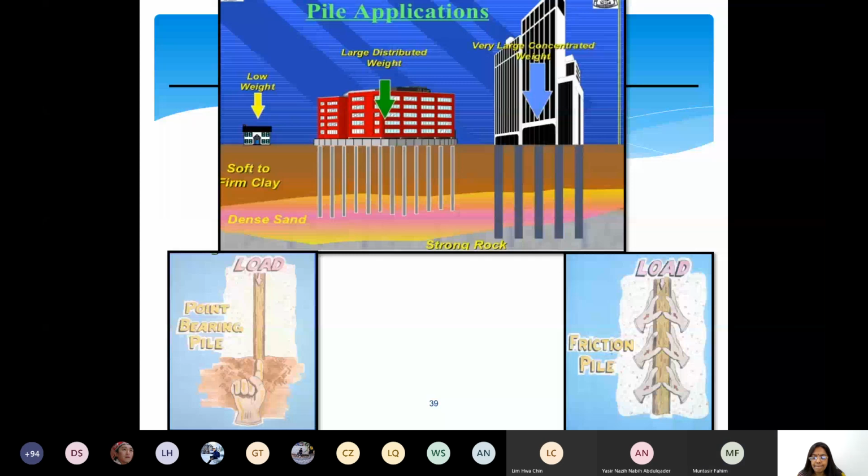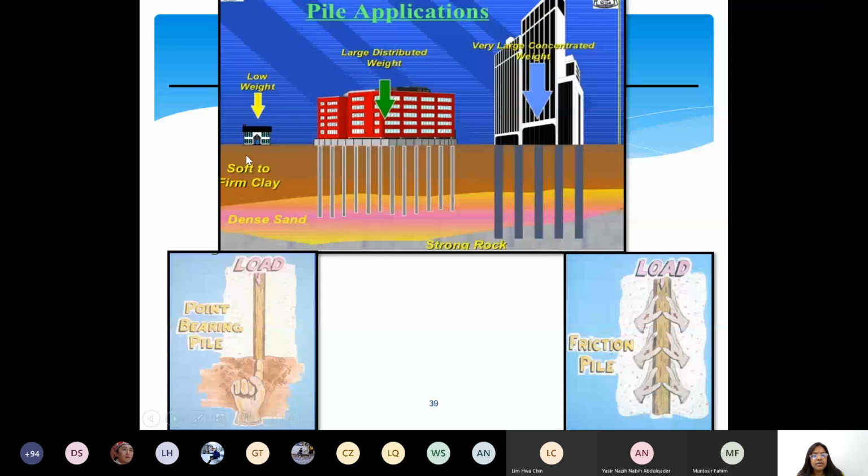Okay. And just now we are talking about three types, right? End bearing, friction, and combined. In pictorial view, we can see here low weight, but soft soil.